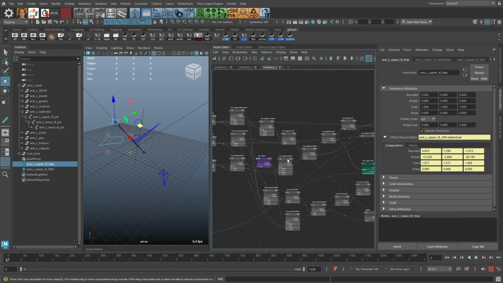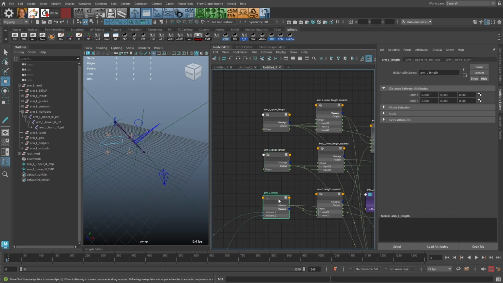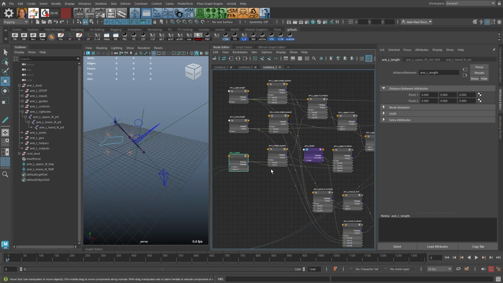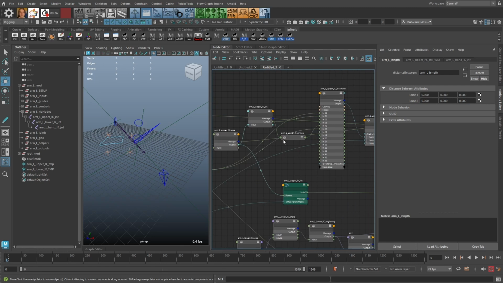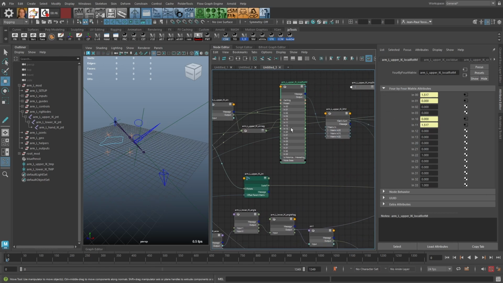And this is because the upper and lower length have nicely been locked, but the arm length is still the length that is going from the arm position to the hand position. So this is used in the calculation, which gives basis vectors with a length larger than 1, as you can see. So that's why scaling is introduced.